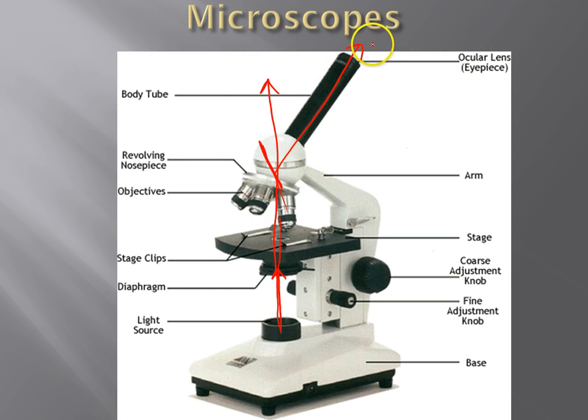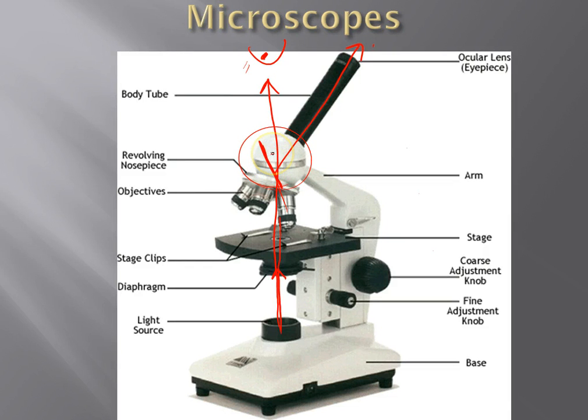So how else will you be able to see over here? Your eye should be over here, looking down. That's my eye. Okay, so because there is a finely, precisely positioned mirror up here in this area, you have to be extremely careful with microscopes, because if you jostle them, if you hit them too hard, if you knock them over, bang them on a table, it is possible that you could misalign this mirror, and then what you have is essentially a $2,000 paperweight.